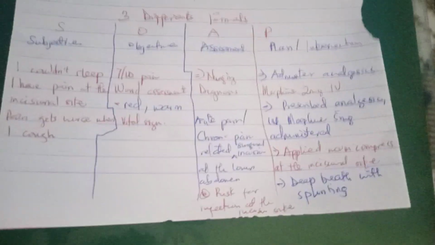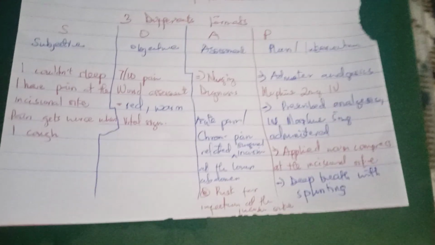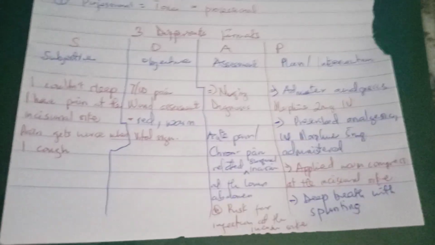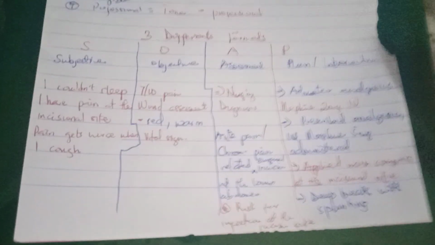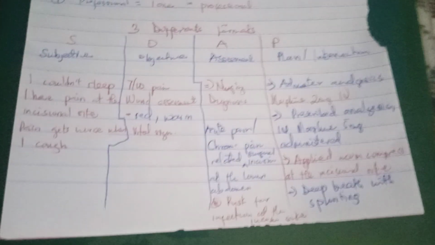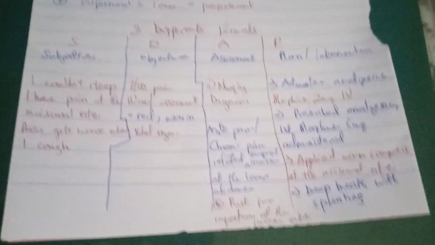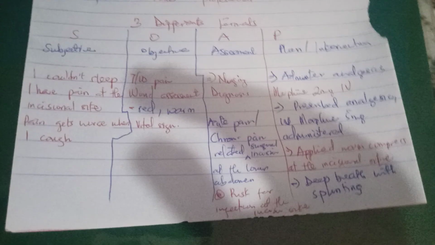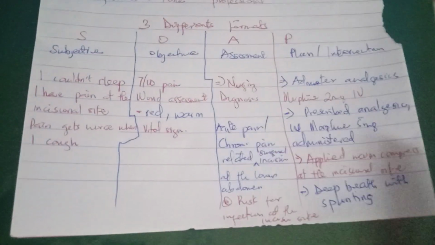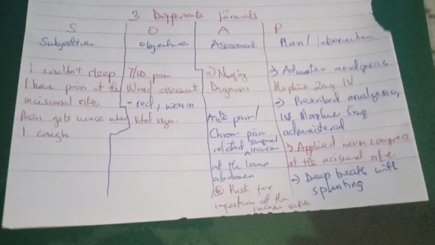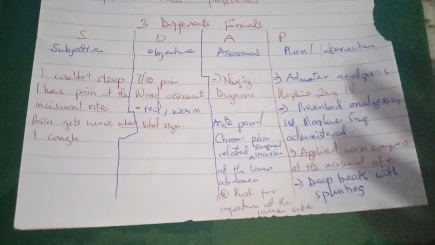So this is the SOAP format. The subjective, objective, assessment, and plan of intervention. Sorry for separating them, but mostly we write them together. I just wanted you to get the picture of what you are doing.